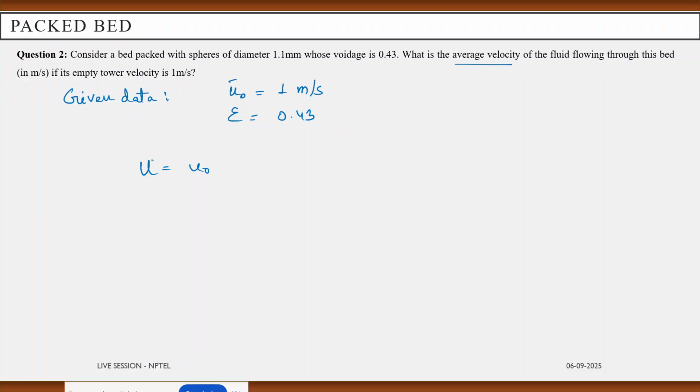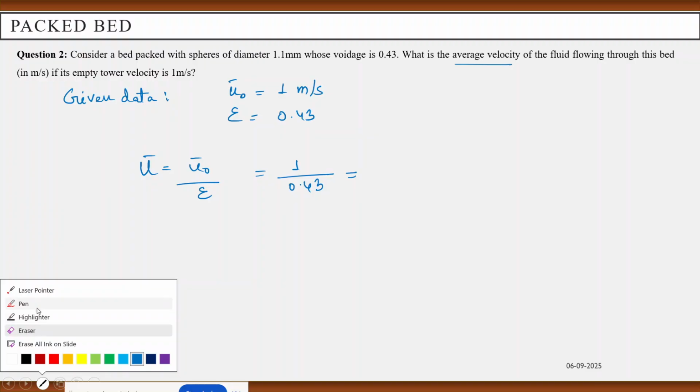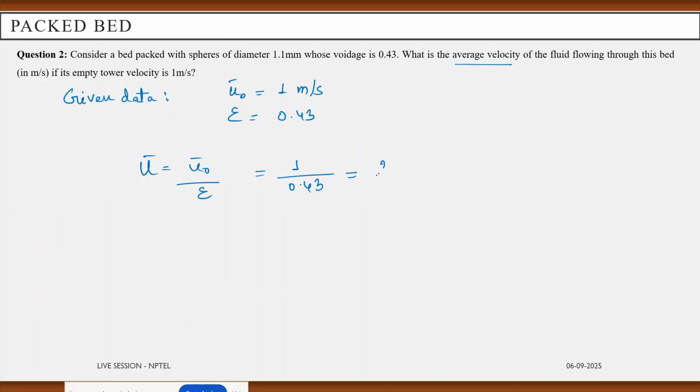U equals u naught by epsilon. So this one is the answer. Hopefully you got the same answer.